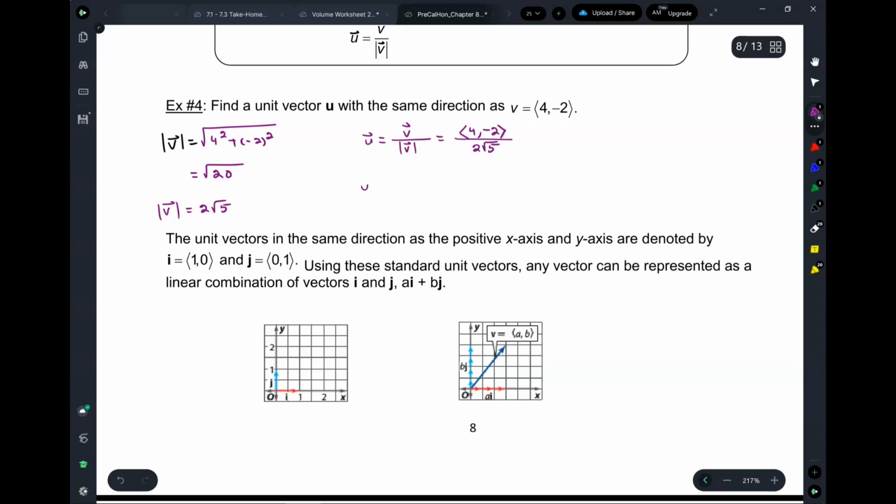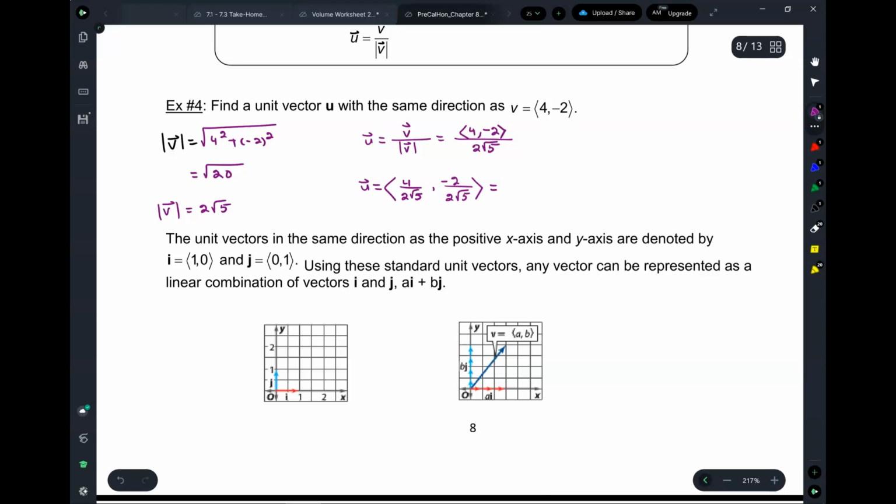So this is just like multiplying by a scalar. We're multiplying by 1 over 2 root 5, correct? So it's going to be 4 over 2 root 5, comma, negative 2 over 2 root 5.